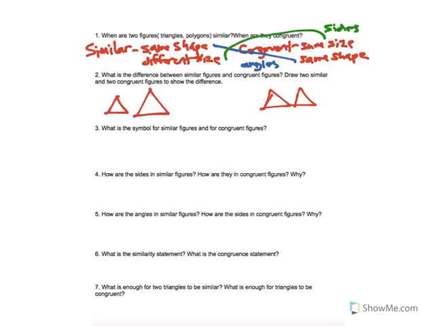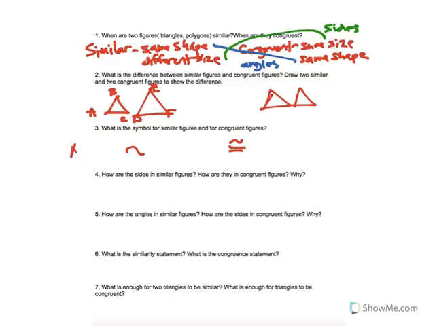Okay, now this next one says, what is the symbol for similar figures and for congruent figures? The symbol for similar figures is this, and the symbol for congruent figures is this. Now, if we wanted to use this symbol in a statement, let's say this is triangle ABC, this is DEF, okay?